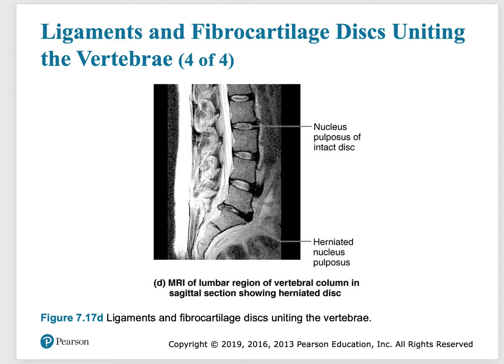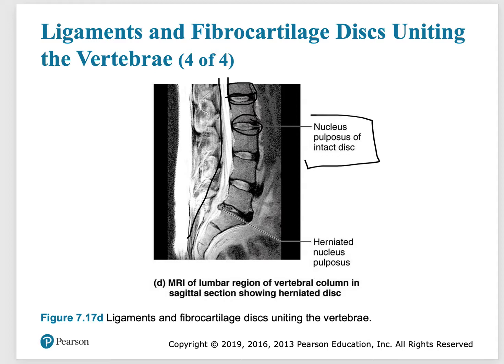Let's take a look at another structure. All right, so here's an image. You can see here this lighter part right here, this is the actual spinal cord. And then you can see the vertebrae, which are the bones, and then the intervertebral disc spaced between those bones, all right? So this is showing an intact nucleus pulposus.